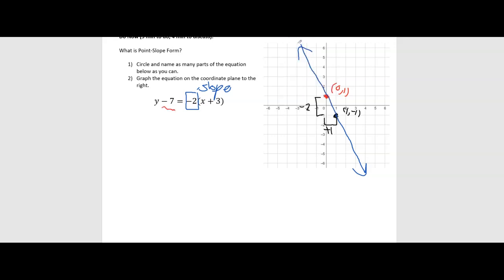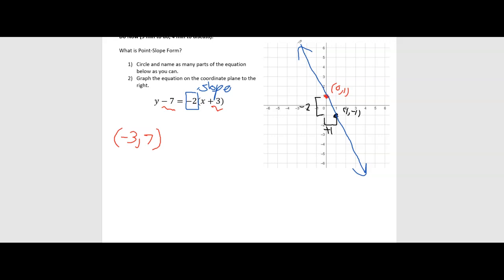We can look at this negative 7 and this positive 3, and we can know that one of the points on the line has to be negative 3, 7. We'll talk a little bit more about why it's negative 3 and positive 7 when it looks like it should be negative 7 and positive 3, but this would be one of the points on the line.